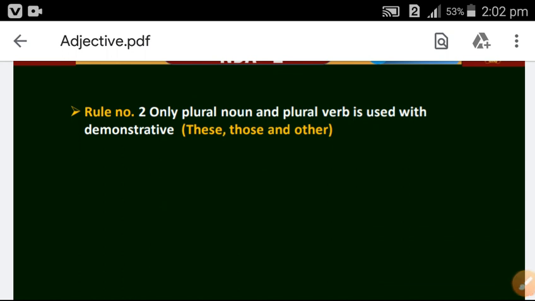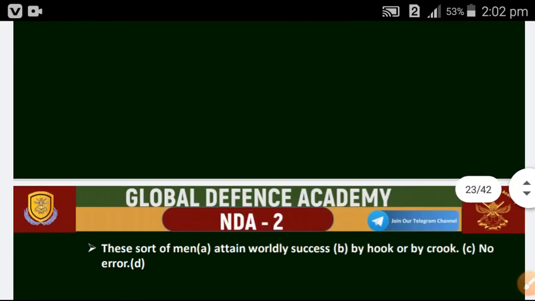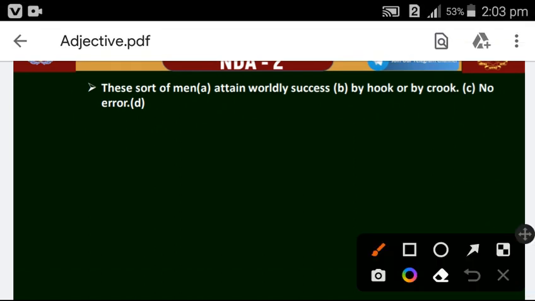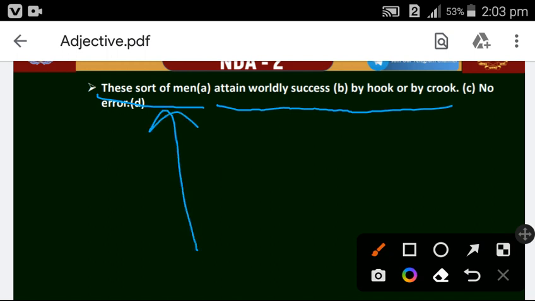And some examples: these sort of man attained worldly success by hook or by crook. And here is an error. How? These is what kind of adjective? This is a demonstrative adjective and comes under rule number 2.